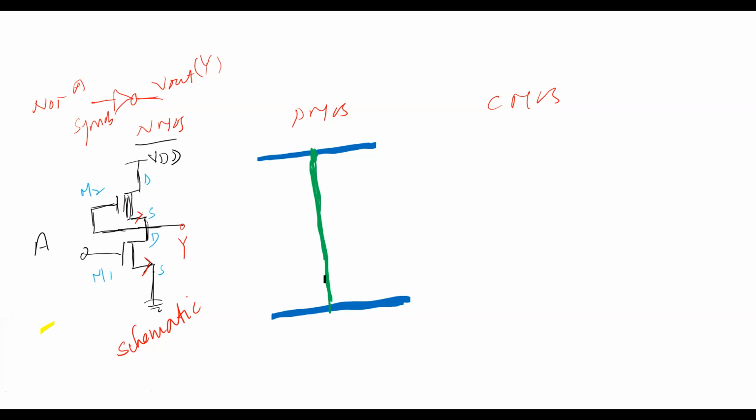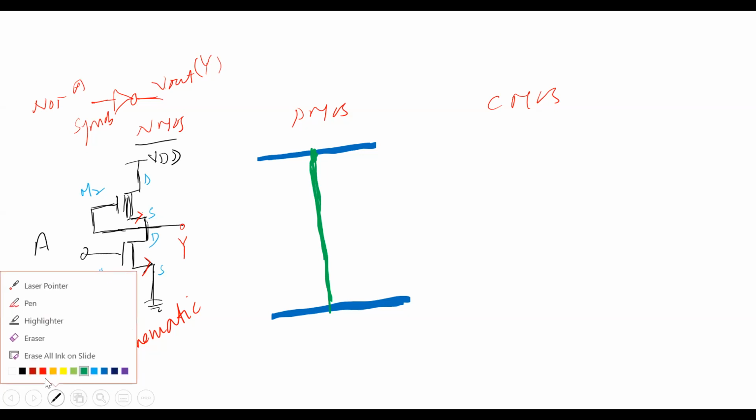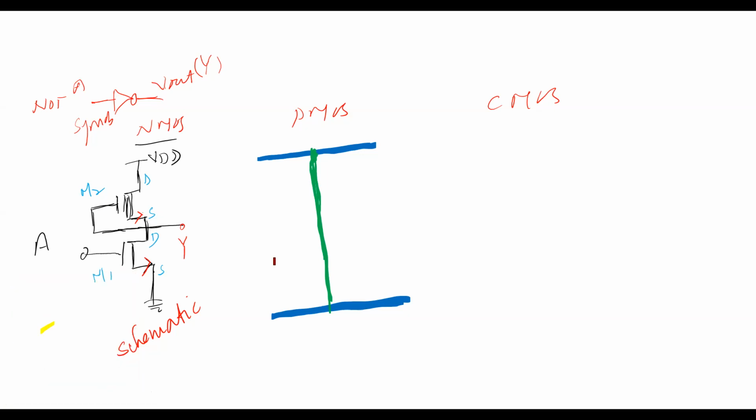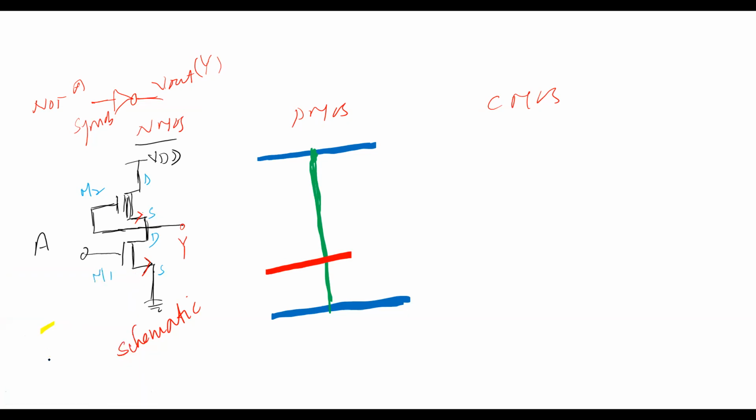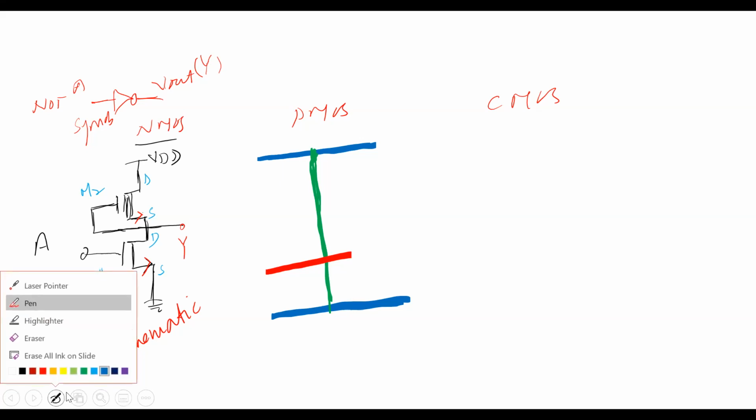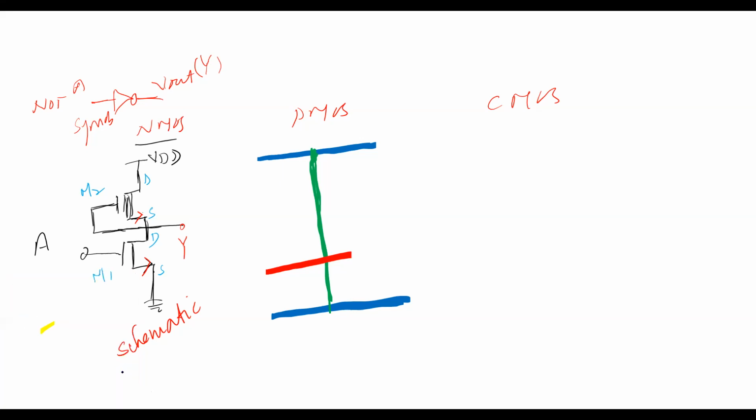Now for the first transistor M1, one gate is required. The gate is nothing but polysilicon. The polysilicon color is red. This is my gate, one polysilicon. First I will make the notations, then I will go for the other things. This is the VDD.